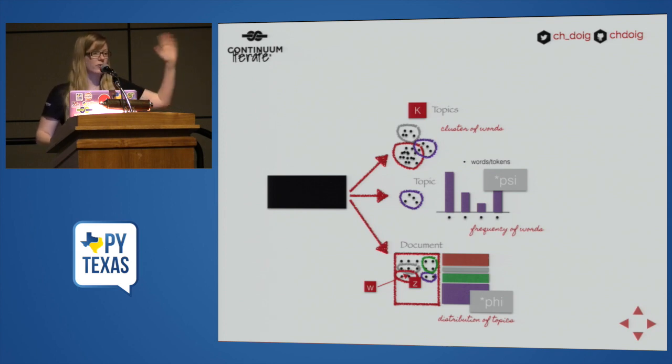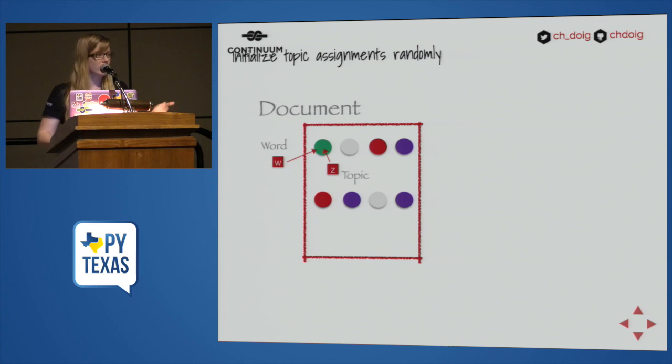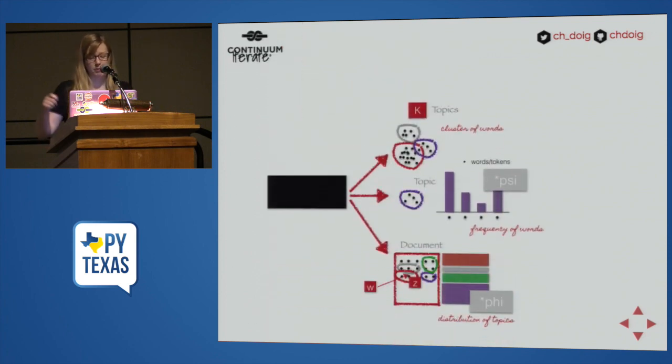We've already given the algorithm the K topics, and based on those assignments, it's going to be able to compute both the frequency of words in each topic and the distribution of topics in each document. And so we're going to get this temporary phi and theta.